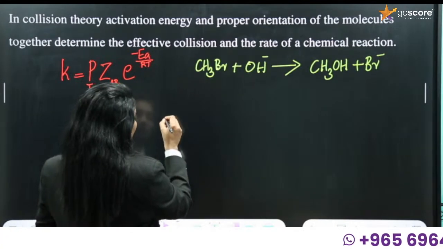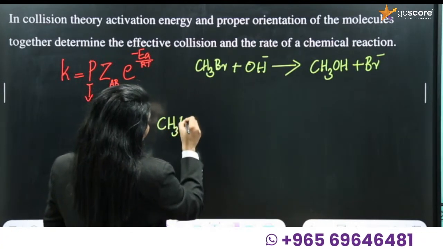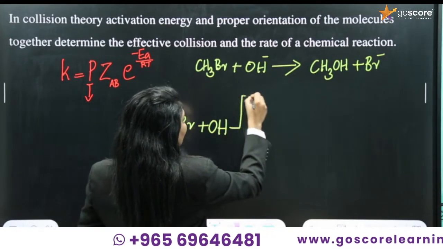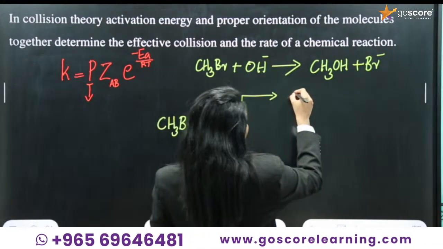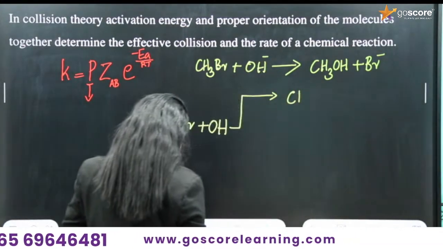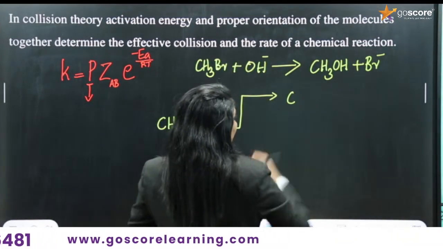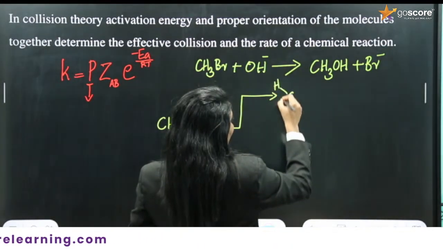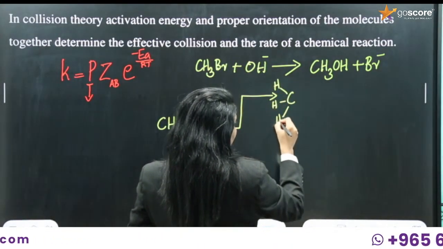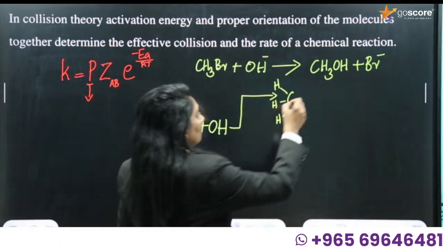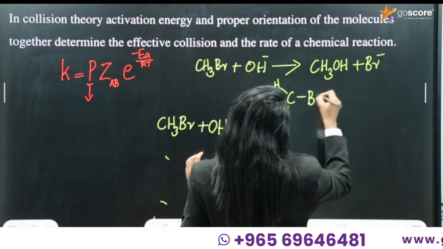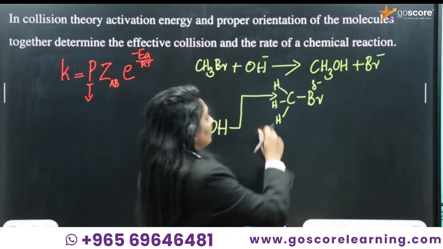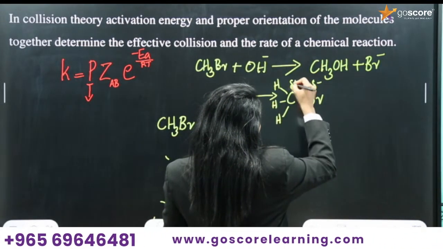CH3Br reacting with OH minus. CH3 we can write as three hydrogen atoms, H, H, H. And here bromine was there. This bromine will have a slight negative charge, and carbon will have a slight positive charge.